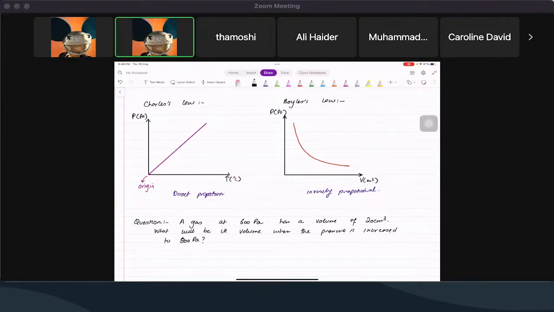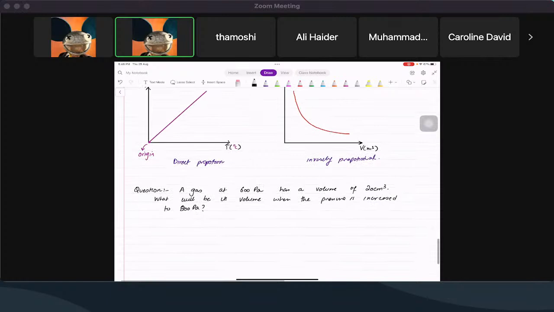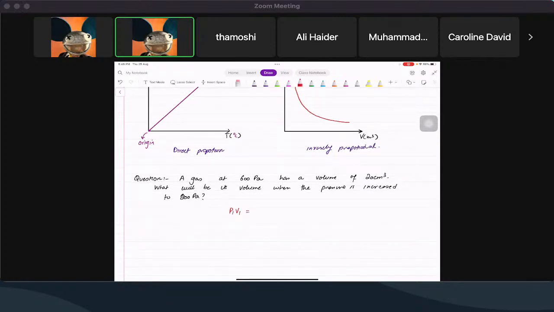I don't think 26.6 would be the correct answer. You know why? Because if the pressure increases, don't you think the volume should decrease? So if you try P1 V1 equals P2 V2, the pressure was 600 times 20 and the pressure was 800 times X. This is what we need to find, the new volume, right?